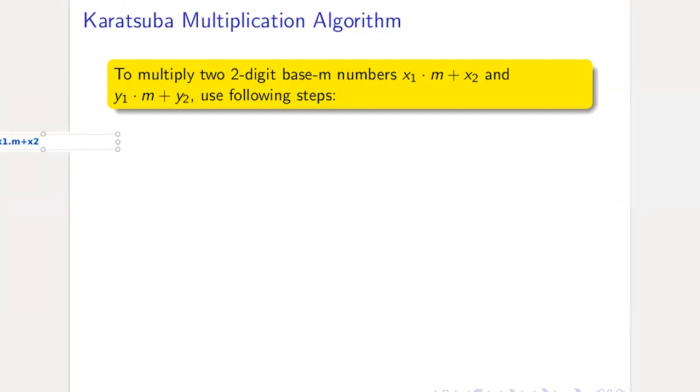The x1 is the whole part, and x2 is the remainder. So if you divide n1 by m, x2 would be the remainder, x1 is the whole part. That's one way to represent n1. The second number n2 can be written as y1 times m, the base, plus the remainder y2.